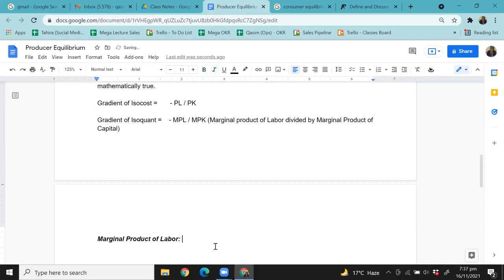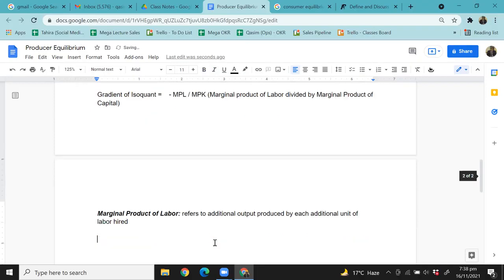Okay, now think about it. Marginal product of labor refers to the output produced by each additional unit of labor. Is it making sense? So marginal product of labor means additional output, whether that could be footballs, laptops, cell phones, anything, because the producer can obviously produce anything.